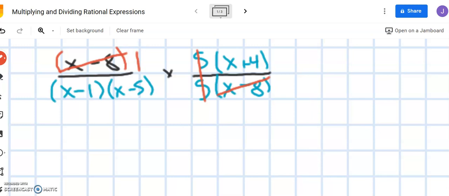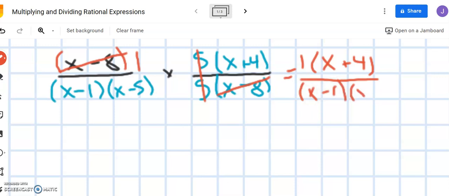Looking over everything that's left, the x minus 1, the x minus 5, and the x plus 4 do not repeat. So that's what's left over for my final answer. I will have x plus 4 times 1 with x minus 1 times x minus 5 on the bottom.